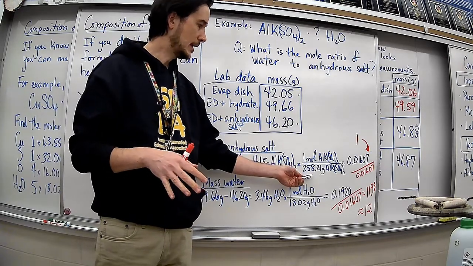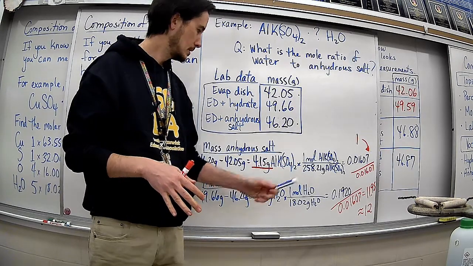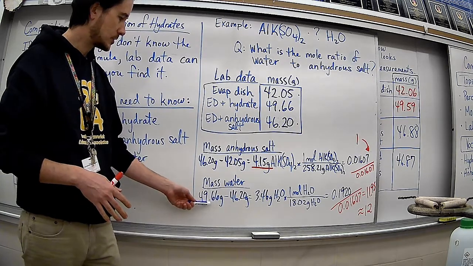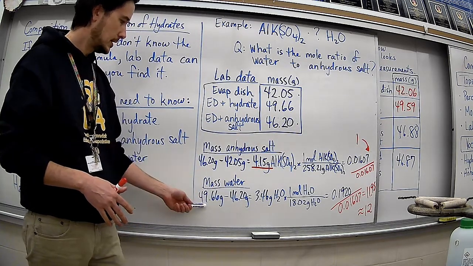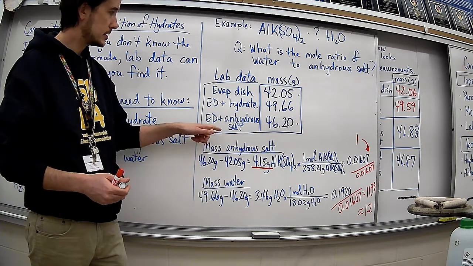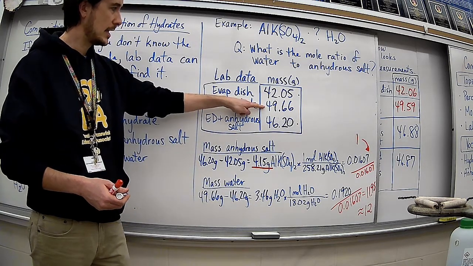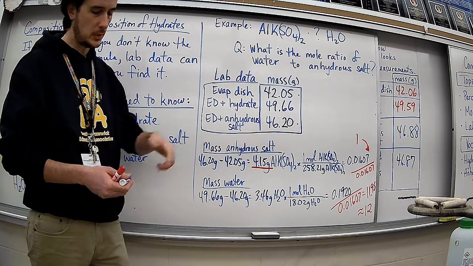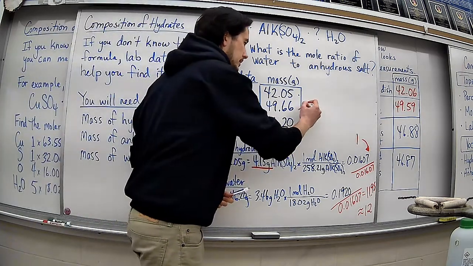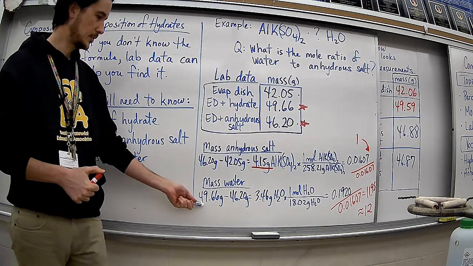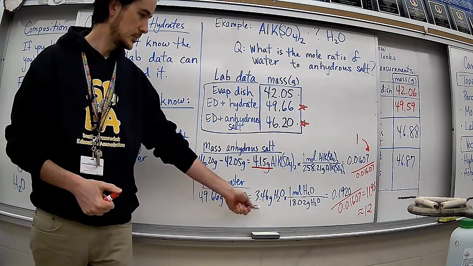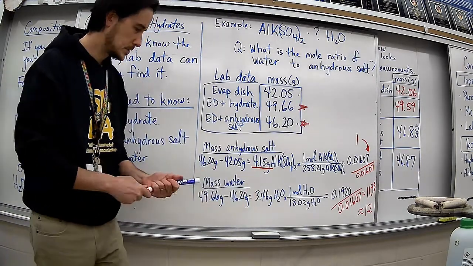So make sure you can come up with that number. All right, let's do the mass of water. The mass of water is, well, we have this hydrate, and this is after we've driven it all off. So the mass of water is this one minus this one: 49.66 minus 46.20. We get 3.46 grams of water.